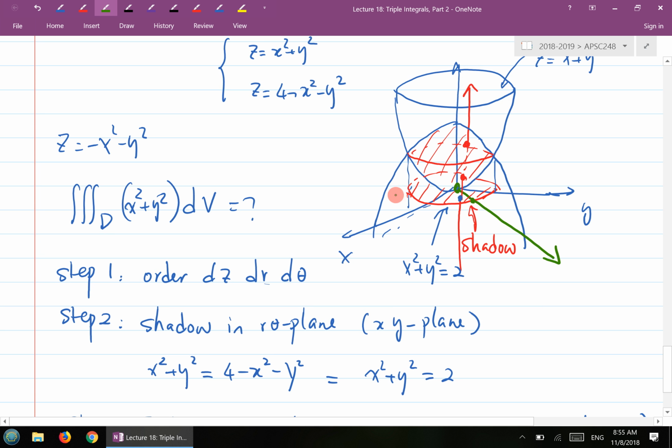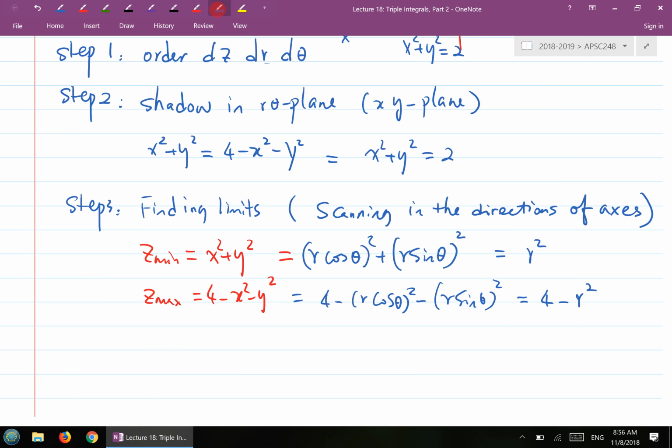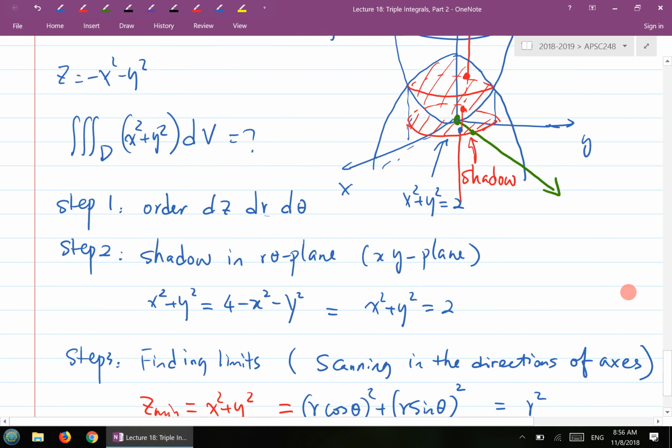Okay. So basically this time we're scanning in the positive r-axis direction. So your r min currently is 0 and r max always falls onto the edge of the circle, that's root 2, right? Root 2. So first contact, second contact.